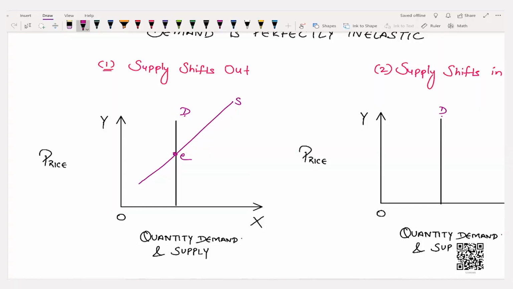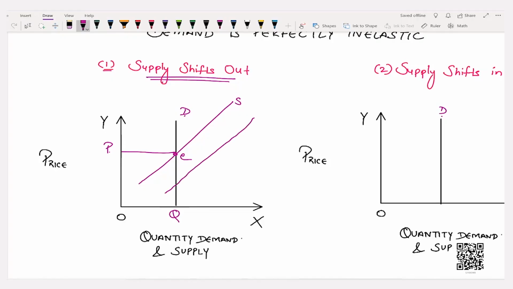This will be our equilibrium point because this is the point where the demand and supply curves intersect each other. This will be our equilibrium price and the equilibrium quantity will be OQ. As the question says that we have to shift the supply curve outwards, this means that the supply curve will shift towards the right.